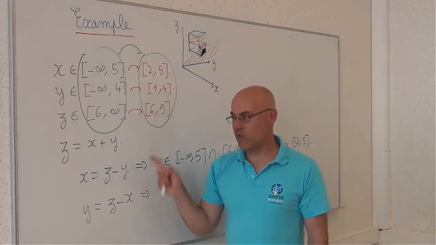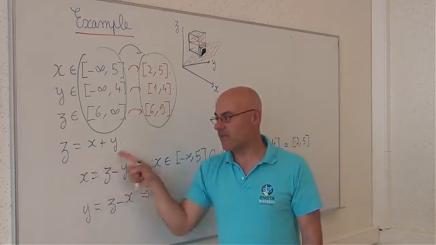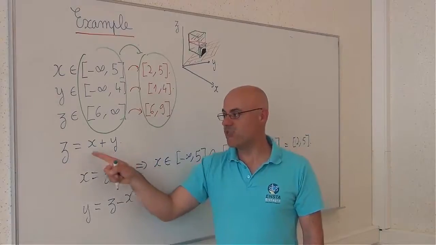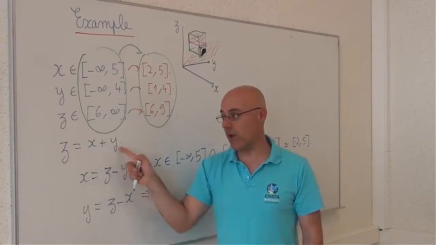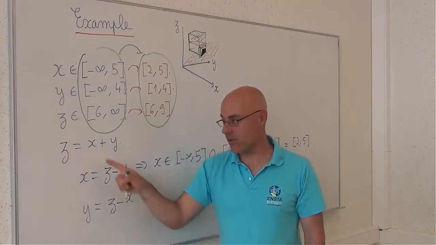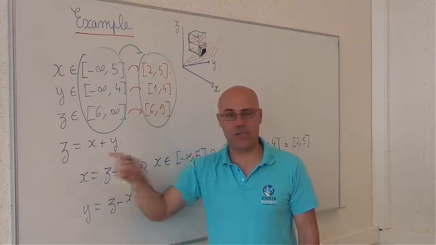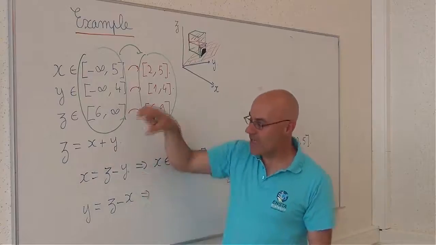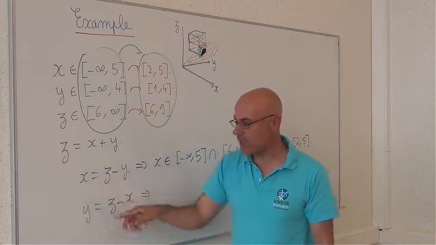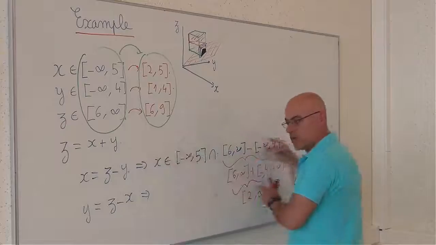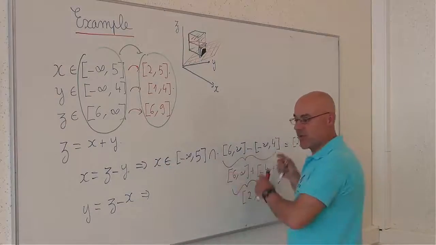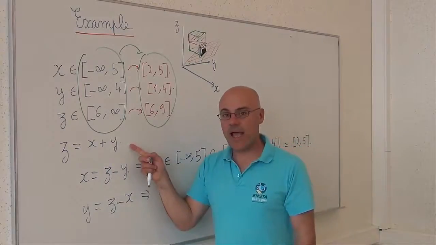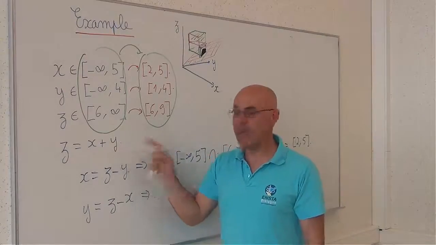Because we have a theorem which states that if in my equation each variable occurs only once, as it is the case here, x occurs once, y also, and z also, in such a situation, if I isolate each variable and use the interval computation illustrated here, then I will necessarily obtain an optimal contractor.